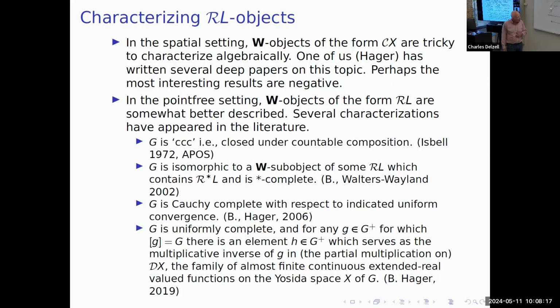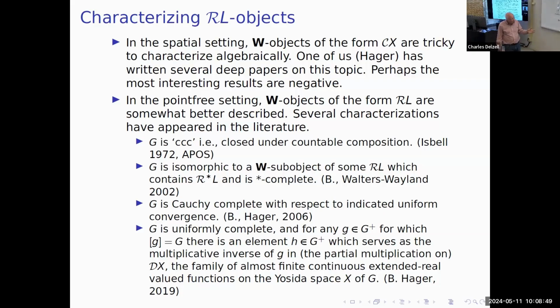Joe and I had a paper in which we pointed out that if you have a sub-object of some R of L, which is already complete with respect to ordinary uniform convergence, in other words, it contains all the bounded elements of R of L, then there is a convergence which can be articulated in terms of R of L called star convergence. I won't describe it here, but Cauchy completion with respect to that means that you have all of R of L.